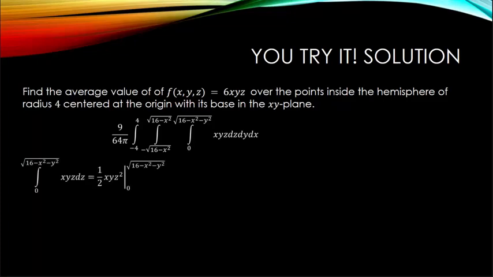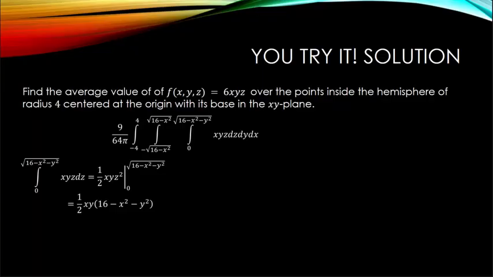My innermost integral is the integral from 0 to the square root of 16 minus x squared minus y squared of xyz dz, which is equal to 1/2 xyz squared evaluated from 0 to the square root of 16 minus x squared minus y squared. This gives me 1/2 times xy times the quantity 16 minus x squared minus y squared.